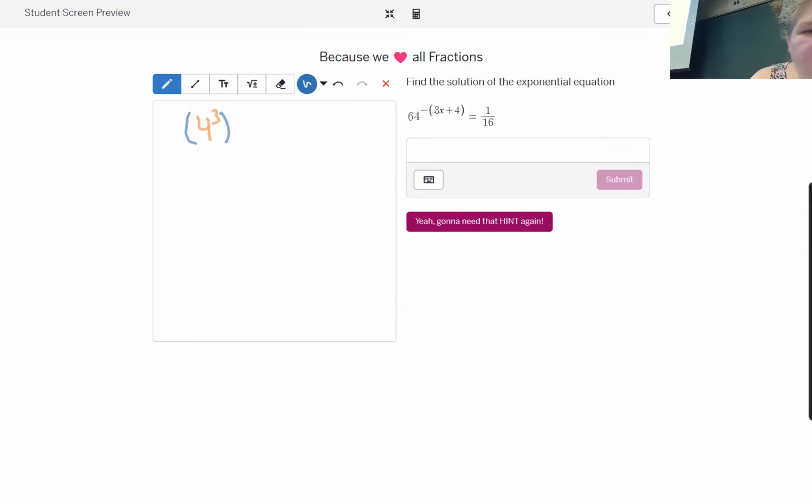And then I'm going to write the negative of 3x plus 4 equals the 1 over 16. 16 is 4 squared.